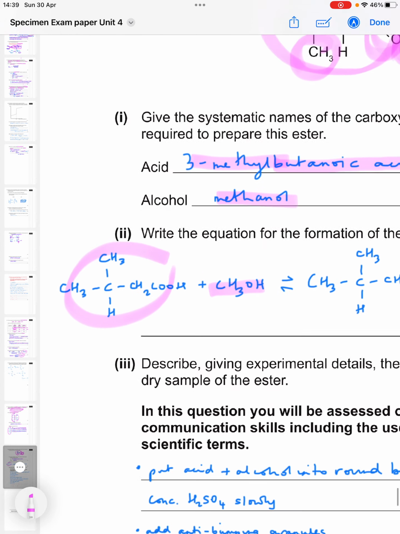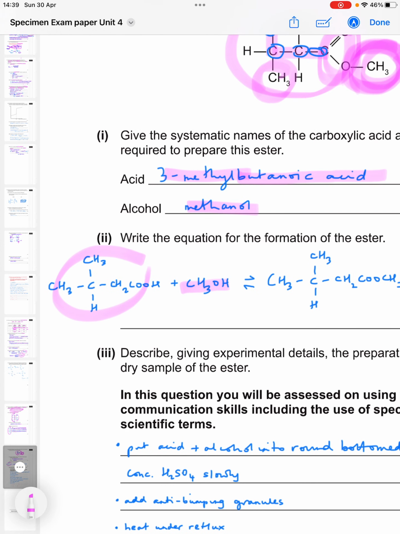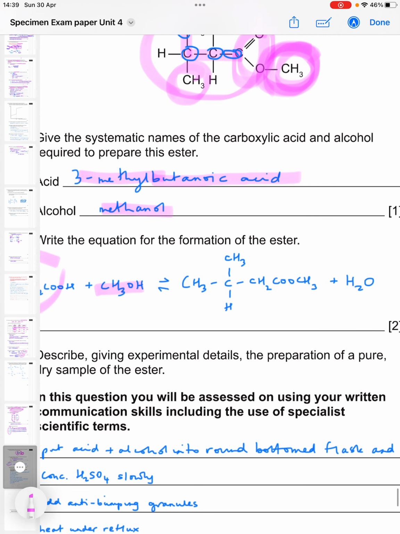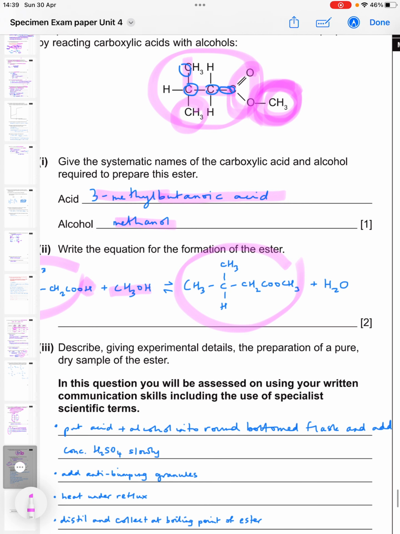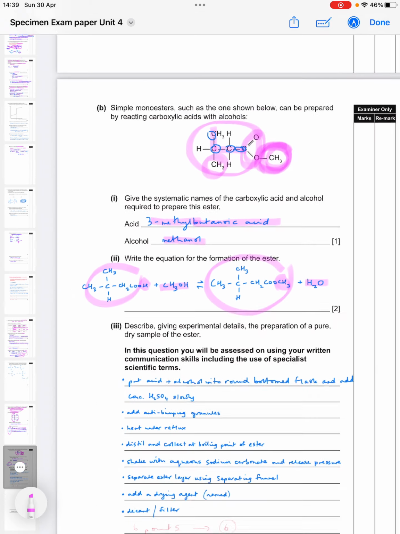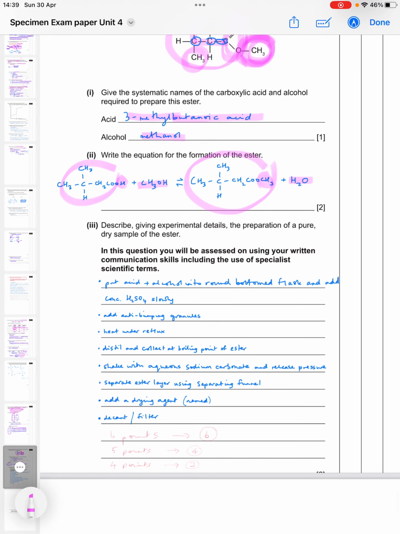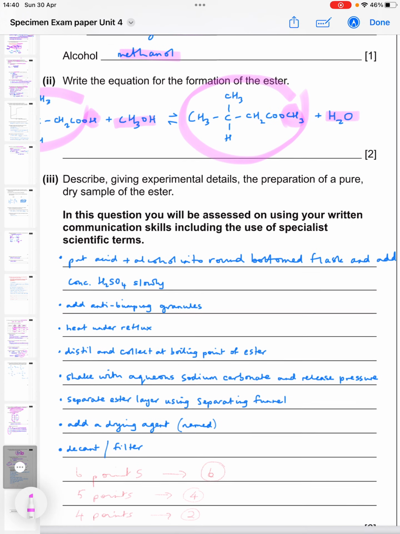Then write the equation for the formation of the ester. So we've got the acid here and the methanol, so that's the 3-methylbutanoic acid. And then it's giving us the ester, where I've just substituted in for this hydrogen. We've got the OCH3 and water.